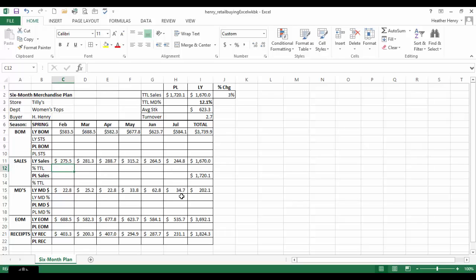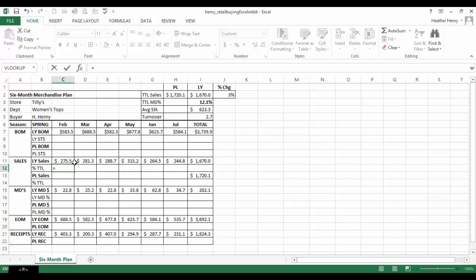Now we need to know exactly where we would like to have that plan broken out. So what we will do is look at the percent to totals for last year, and we will apply the same relationship to this year.